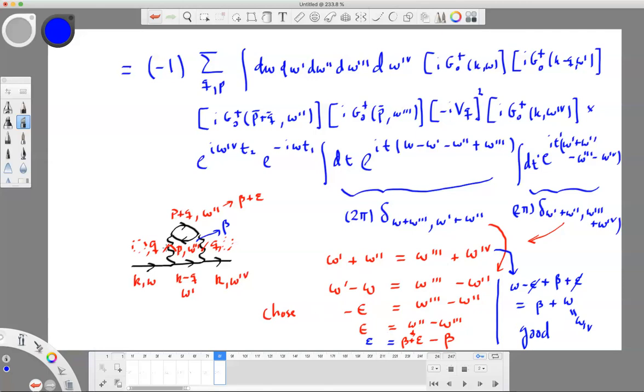So we now finish labeling this. If this is omega minus omega prime, what is this? Omega minus omega prime is epsilon, right?